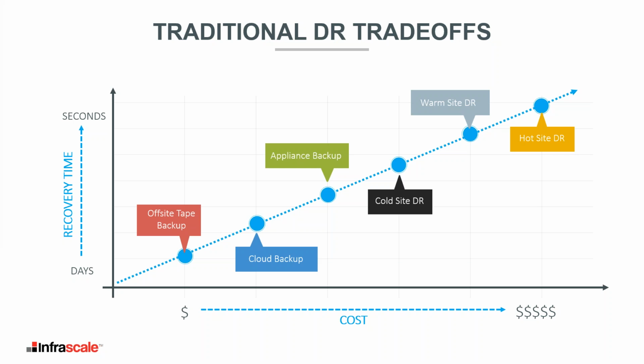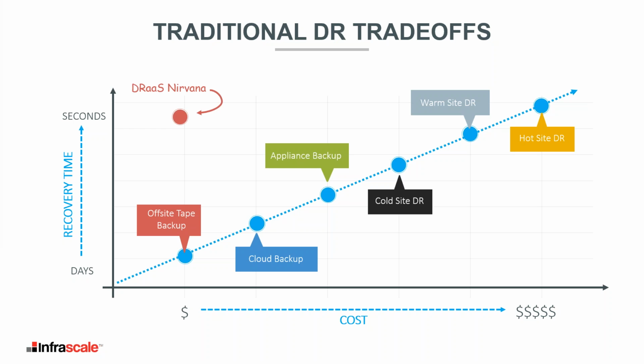On the far right, you have hot site disaster recovery. So your primary and secondary backup systems are going to run simultaneously, and the data is mirrored in real time. So both systems contain identical information, but this is really expensive. It does have the fastest RTO, but you're paying so much for it.